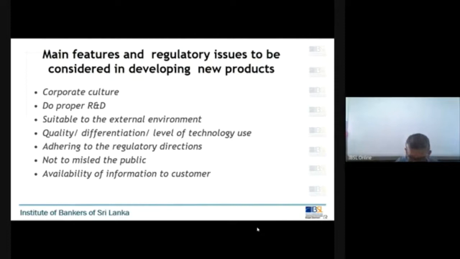So you must provide the information to the customers. And also, it must be technically and legally feasible. Nobody can file action against our product. Technically, we can use it in our branch operation system. So all these matters you look at when you're going to introduce a new product. Clear?